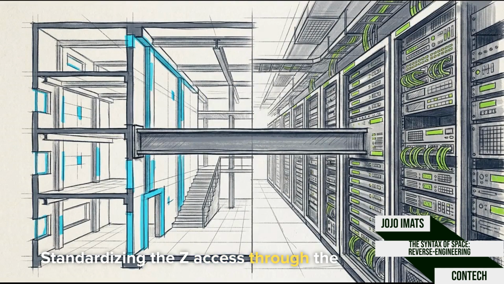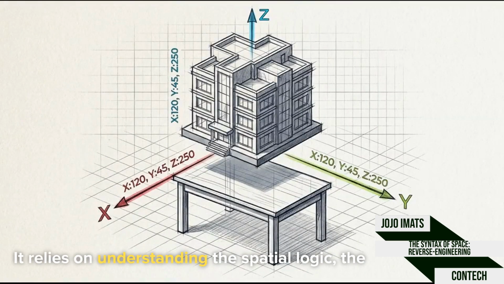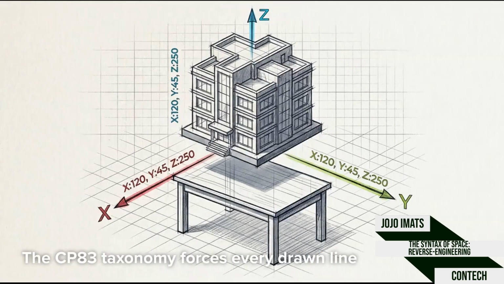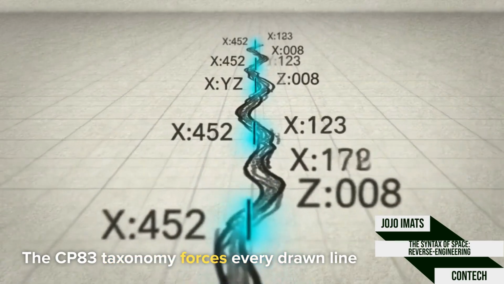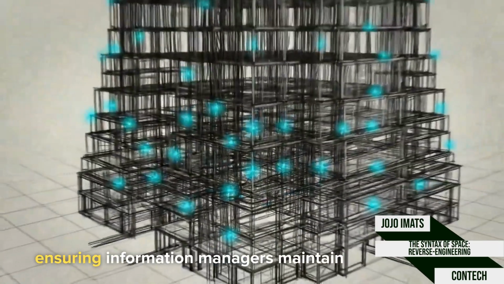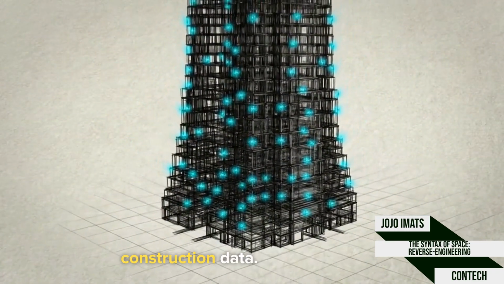Standardizing the Z-axis through the presentation field acts as the critical bridge connecting human-readable engineering drawings with machine-readable databases. Mastering this standard does not rely on memorizing an index of acronyms. It relies on understanding the spatial logic the software uses to interpret complex information. The CP83 taxonomy forces every drawn line to declare its specific coordinate properties, ensuring information managers maintain absolute computational control over complex construction data.